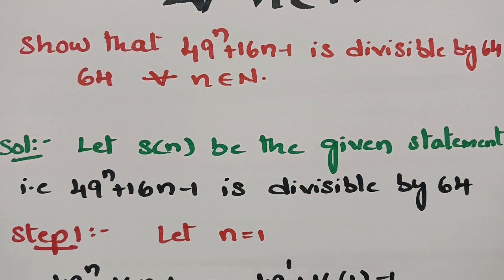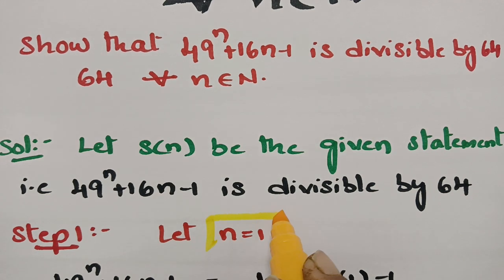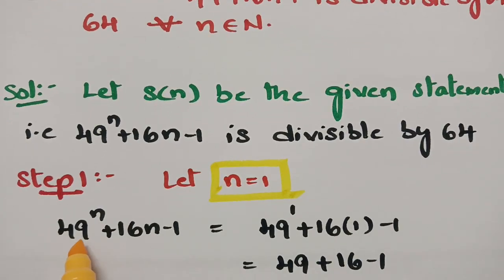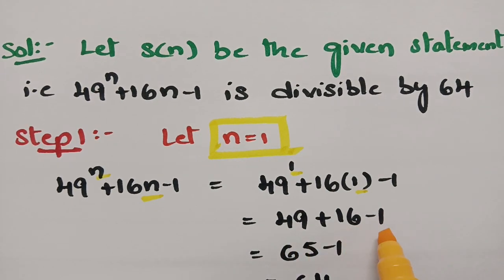So we have to use the mathematical induction. In order to use the mathematical induction, we have to check for n equal to 1. If you put n equal to 1 in the statement 49^n plus 16n minus 1, then this will be 49 plus 16 minus 1.